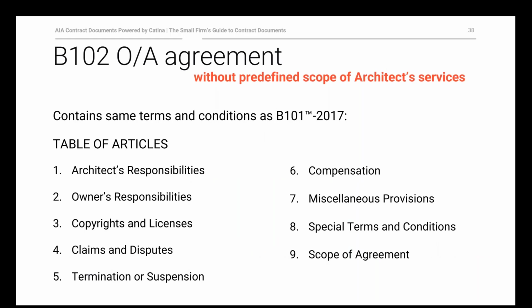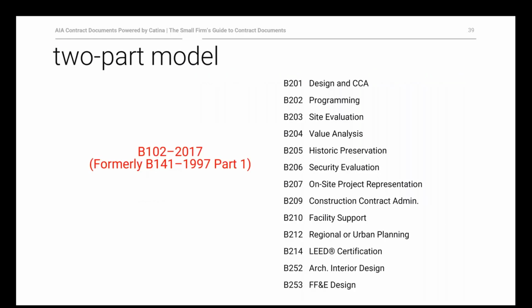This is the table of articles within the B102, I'm sorry. And so you can see what is covered in the B102. And then you can bind one of these scope of services documents to complete the scope, one or more.